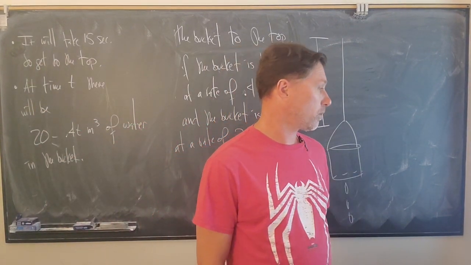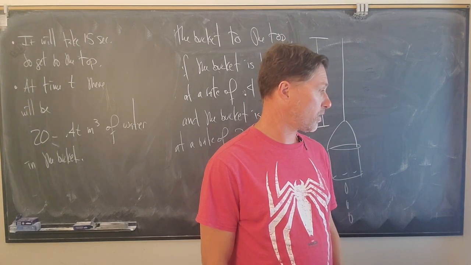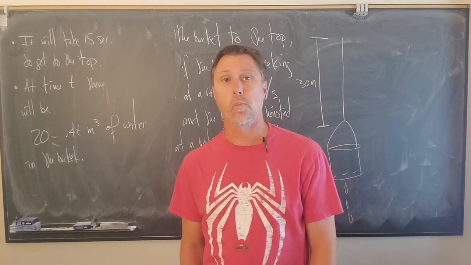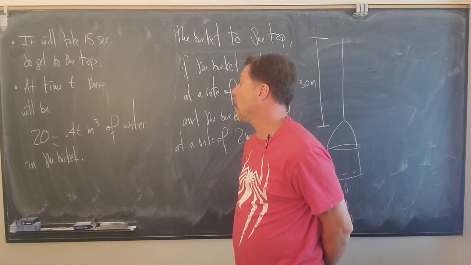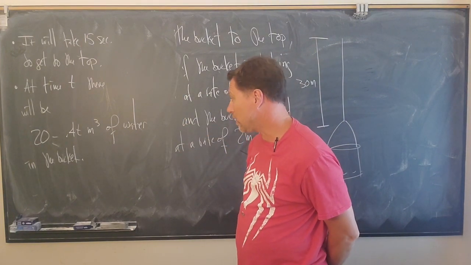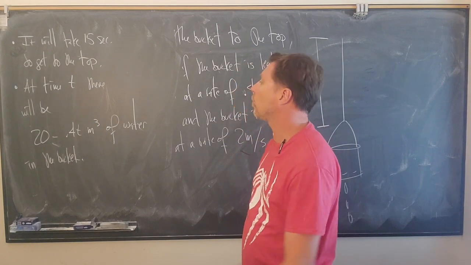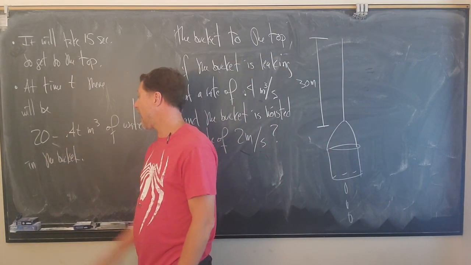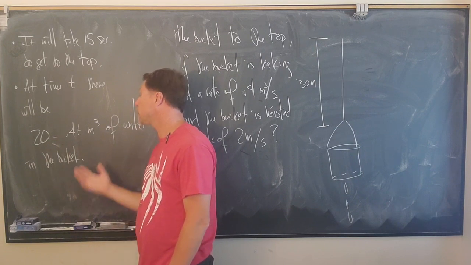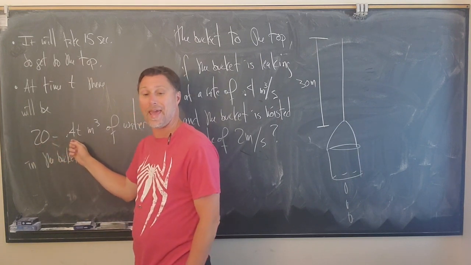Sorry, there's a street cleaner driving by outside my office here until he goes by. Okay, so at time t there will be 20 minus 0.4t cubic meters. So after 1 second, we'll have 20 minus 0.4 cubic meters. After 2 seconds, there will be 20 minus 0.8, and so on.